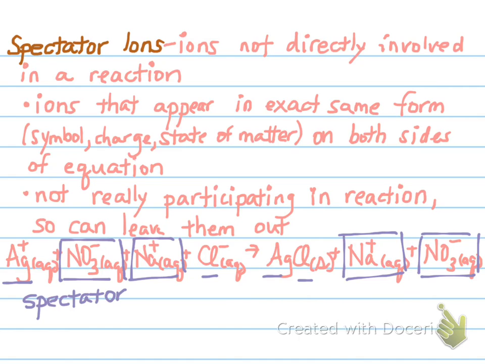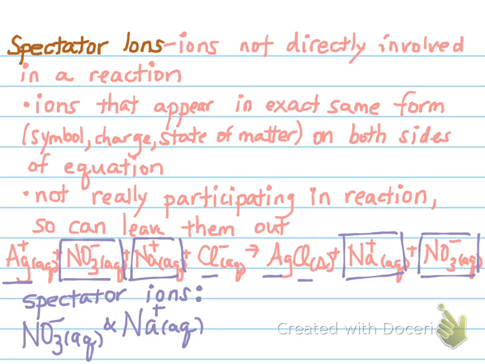So to identify my spectator ions, I have two choices. Choice number one, I can write their formulas. So I can say it's NO3 -1 aqueous and Na plus aqueous. That's one way that you can identify them. Or you can use their names. So you can say it's nitrate ion and sodium ion.